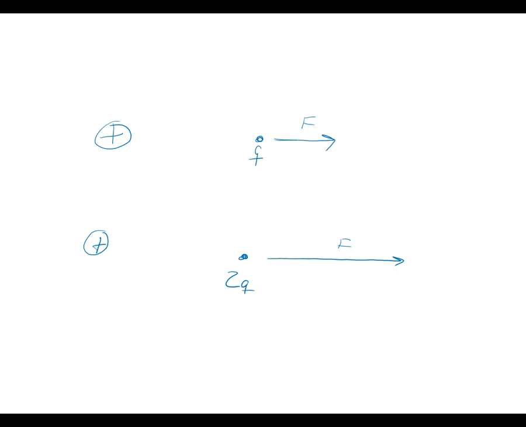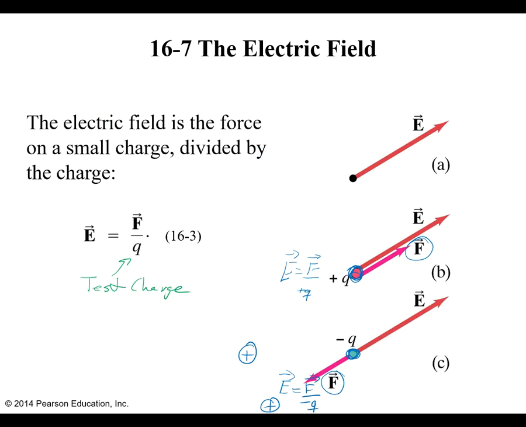And yet, despite that, your electric field is still going to look exactly the same. So the electric field doesn't care about the magnitude or the direction of this charge here in the middle. It's a very useful tool, and so we're going to use it.